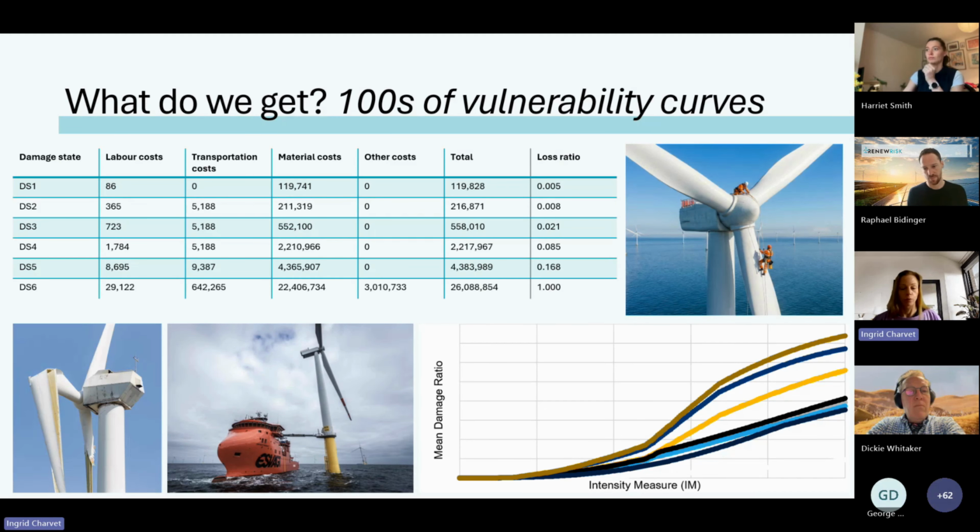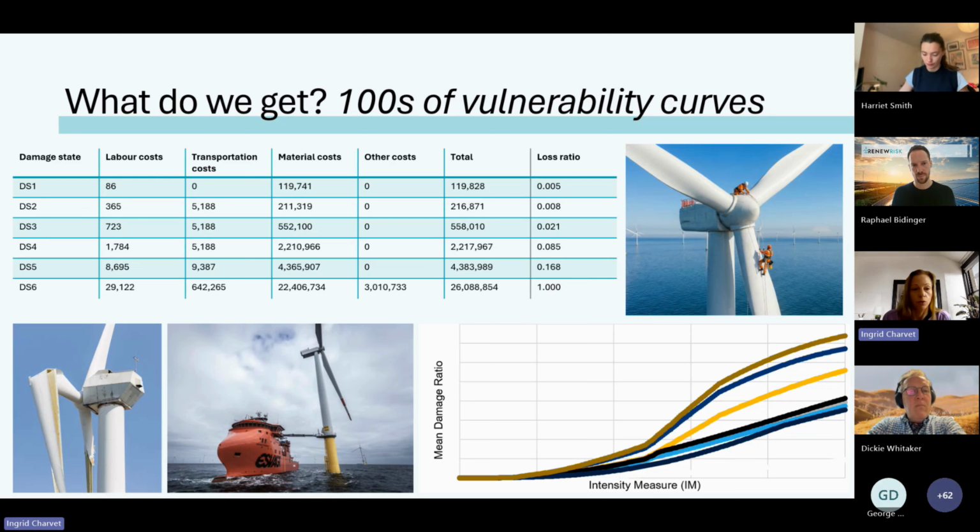So now we have damage probabilities. We still don't have vulnerability curves because what we need to use are the costs. So combining the damage probability with a sensible cost model is what allows us to obtain a suite of vulnerability functions very specific to offshore wind farms.